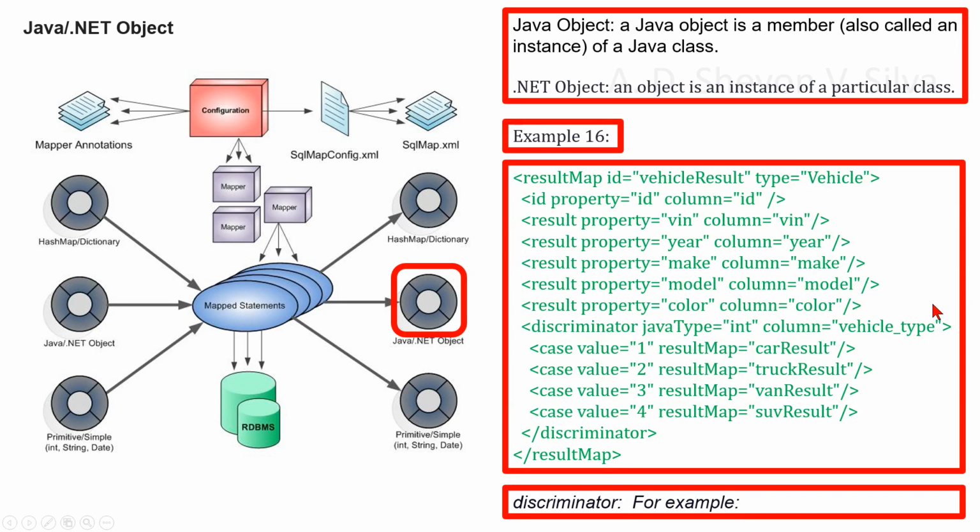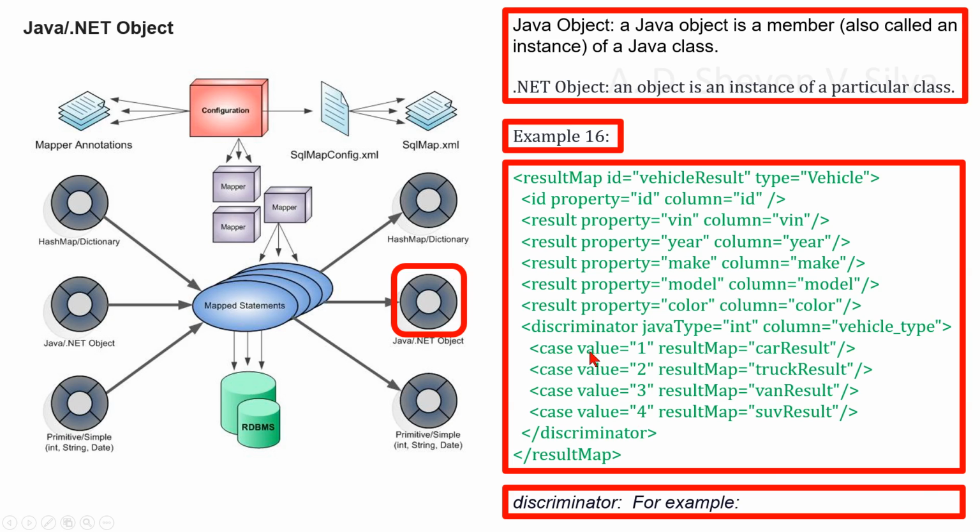Now we are considering the discriminator. Sometimes a single database query might return a result set of many different but hopefully somewhat related data types. The discriminator element was designed to deal with this situation and others, including class inheritance hierarchies. The discriminator is pretty simple to understand, as it behaves much like a switch statement in Java.